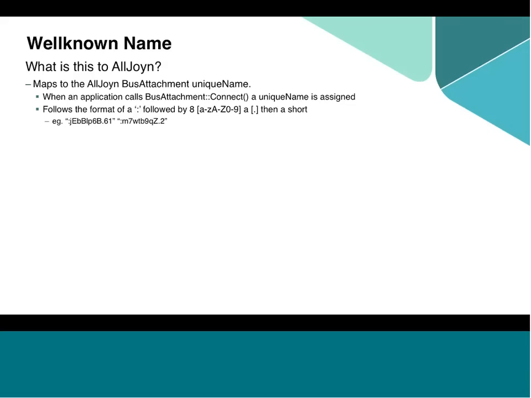Normally it's a colon followed by 8 alphanumerics, then a period, and then a short number. That number will actually increase over time depending on the functionality and interactions you're using with AllJoyn. If you're sending a lot of what we call sessionless signals, then that number will be increasing because you're creating new temporary endpoints. You can see some examples there.